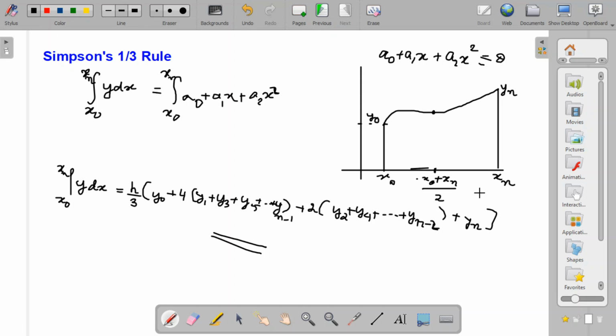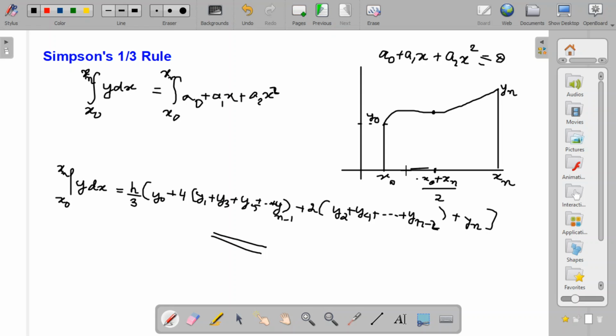So you divide the whole function into 2 intervals, which means your h is 0.5 there. The separation between the values is called h, or the width of the interval.